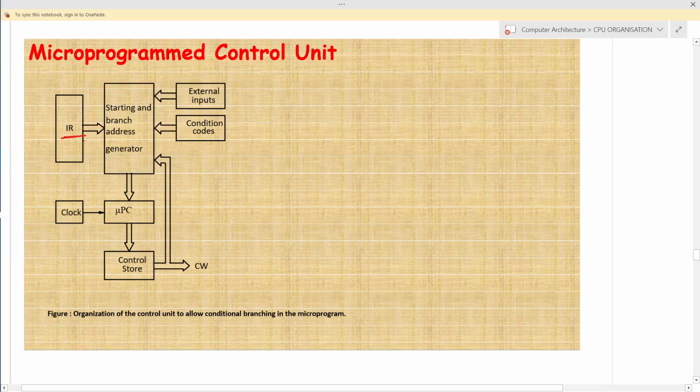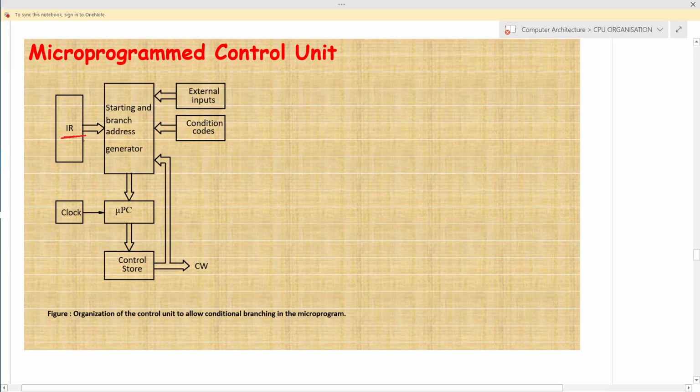Control store means the memory where all the control words are kept. For example, for I1 we have control word 1, control word 2, and so on up to control word 7. Similarly, for I2 we have some control words.